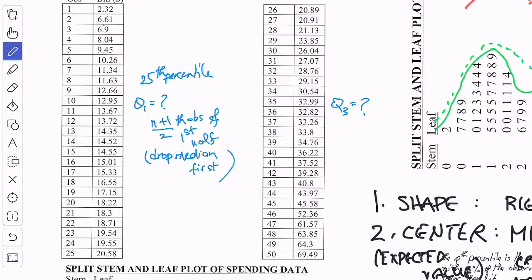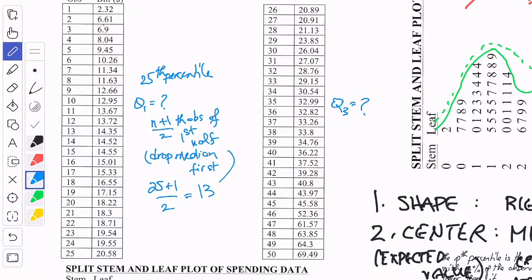And we find the middle by saying 25 plus 1 divided by 2, which gives us 26 divided by 2, or 13, right? So 13, remember I said about 12 and a half observations. So 13th works as the first quarter.